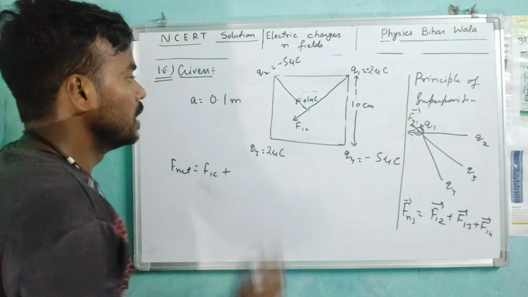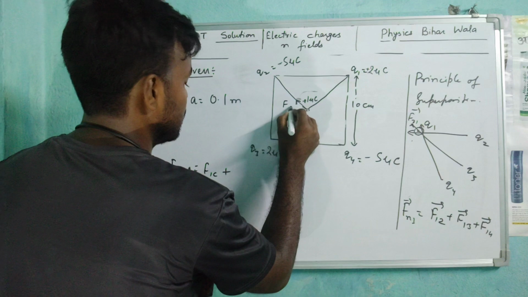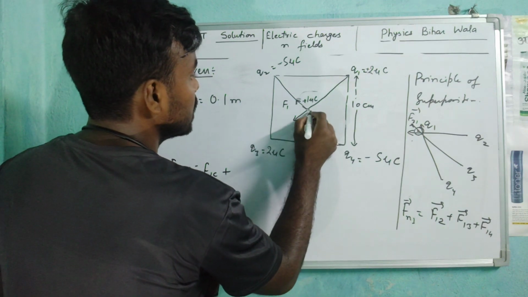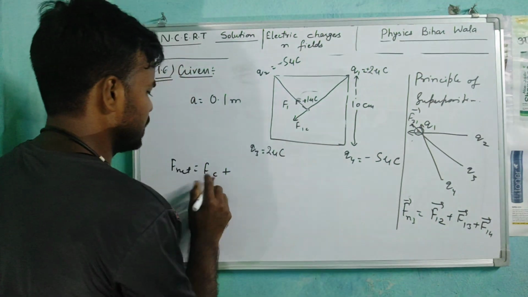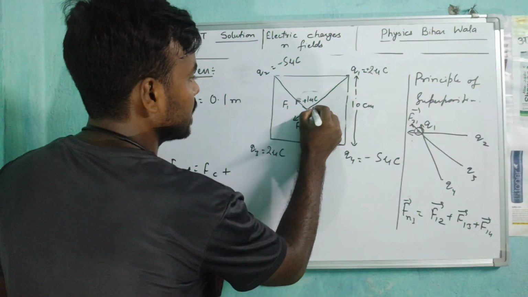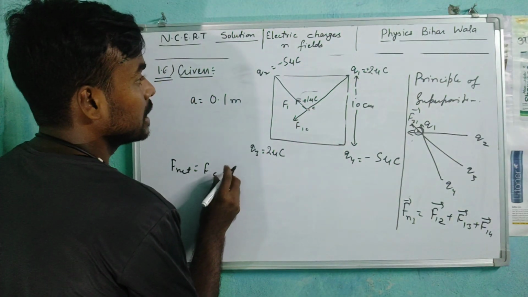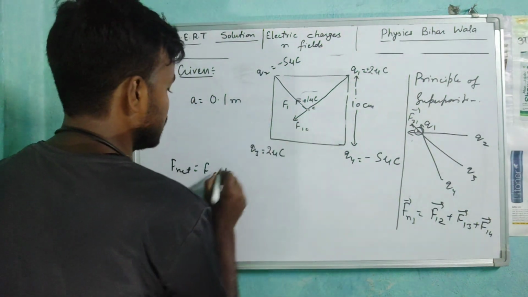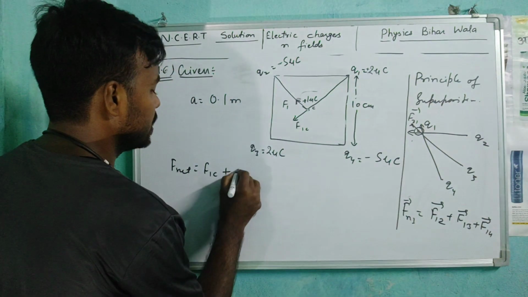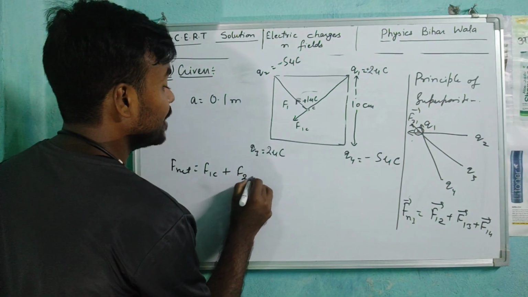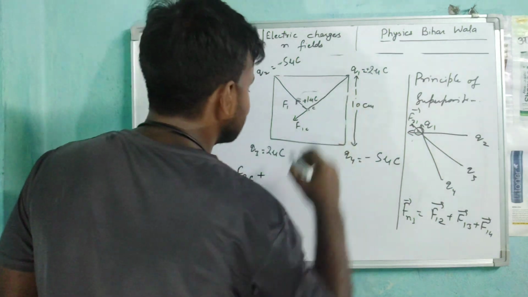We write the name F1C, where C is the center, and the second one is F2C.